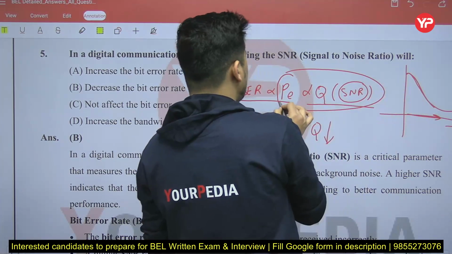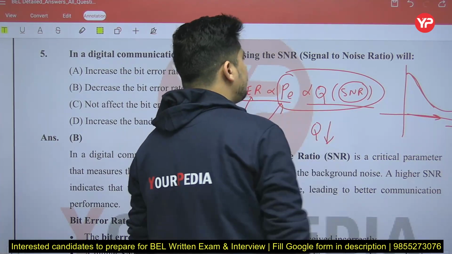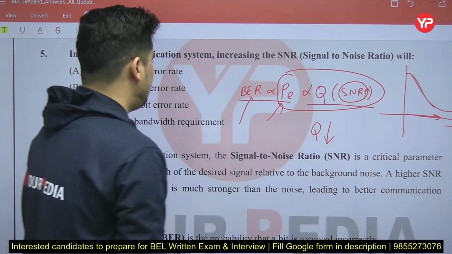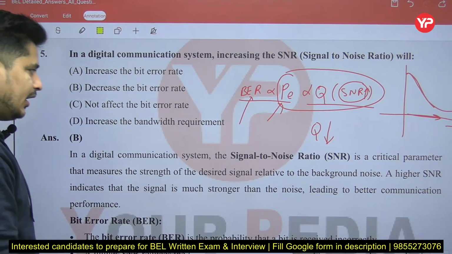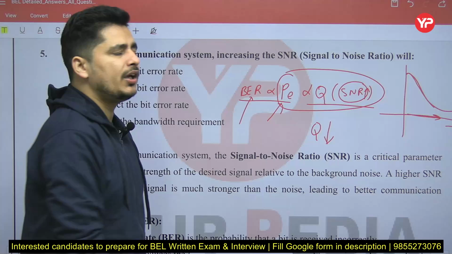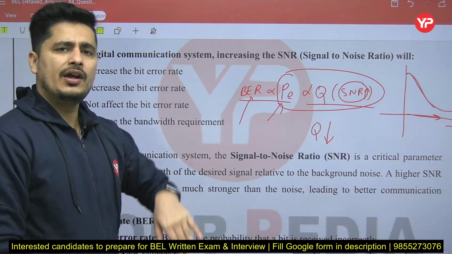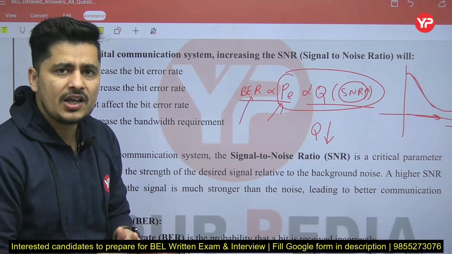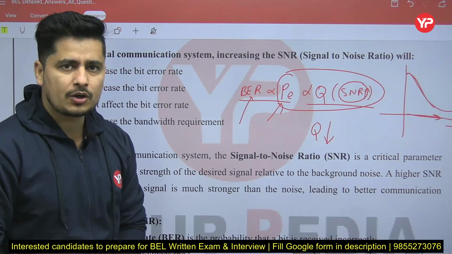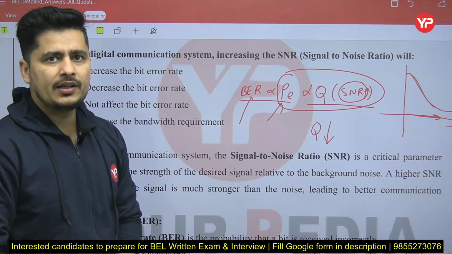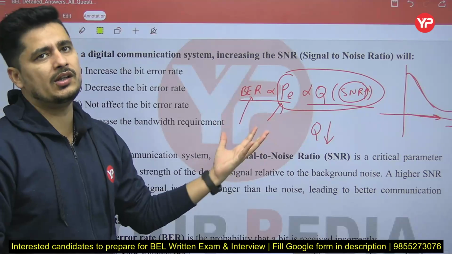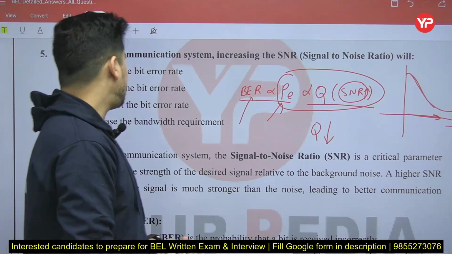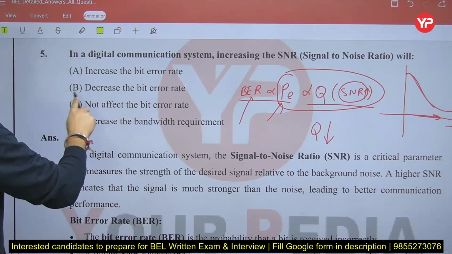It means the probability of error, or the bit error rate, will decrease as your SNR increases. So from this formula you can check it, or another way you can think about this: if you increase the SNR, it means you increase the signal quality, right? Noise will be lesser as compared to signal. So there is less chance of error. That's why the error in bits will decrease.